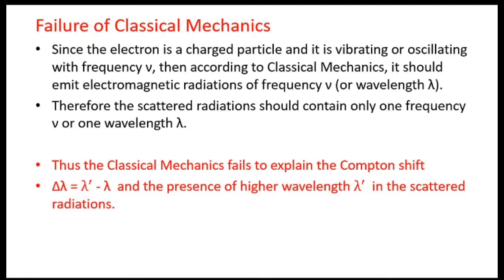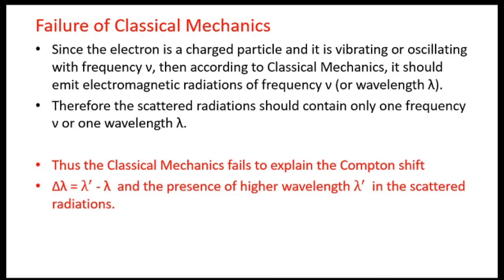What was the Compton effect? Along with the incident wavelength, we found an increased wavelength component in the scattered X-rays. But according to classical mechanics, there should be only one component, the unmodified wavelength lambda.